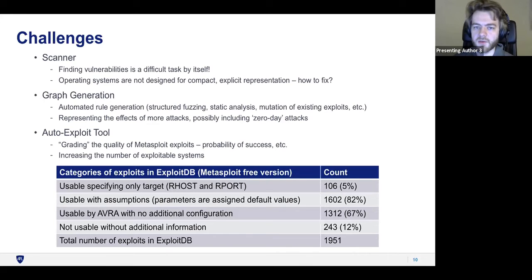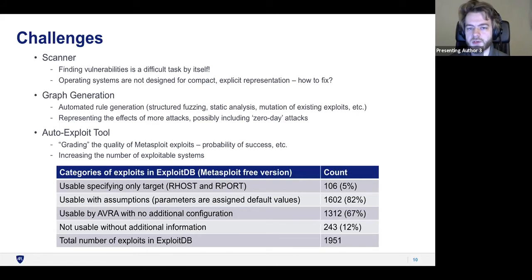So I will say, even though there's no way to tell how good Metasploit is because we don't even really yet understand what good means, like probability of success, how quiet it is, how fast it is, like what is your metric. But we will say, and we note this in the paper, that of the things that are usable in Metasploit, 67% of them are usable right now by Avro with no additional configuration.